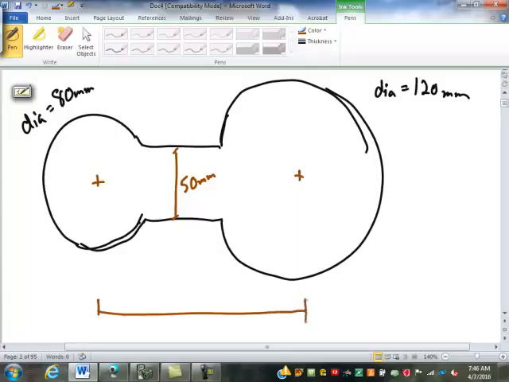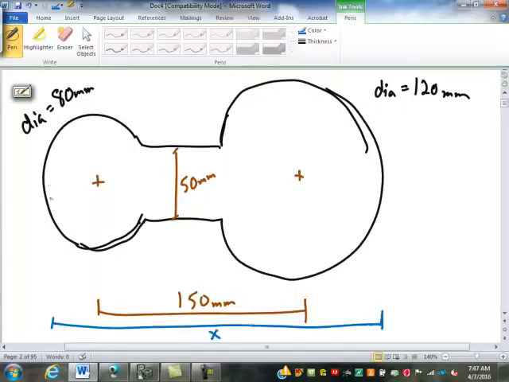And I'm going to give you a center to center distance of 150 millimeters. I want to know X, the distance all the way, the overall length. I want to know Y, the length of that straight line. I want to know the perimeter. I want to know the area.